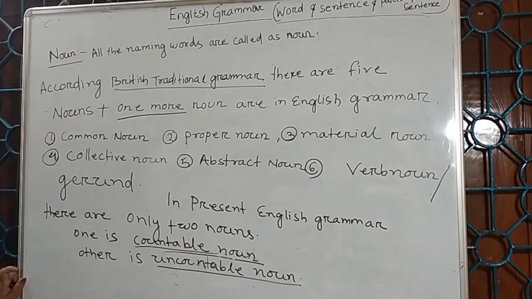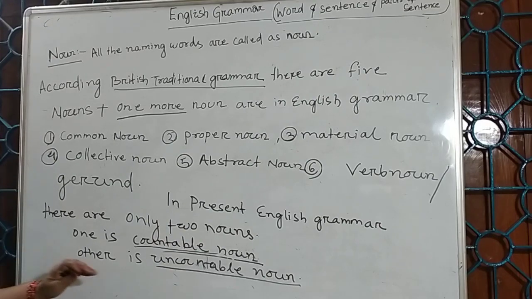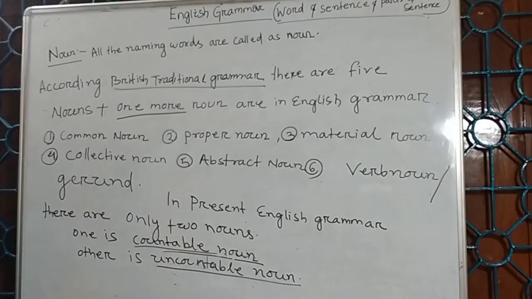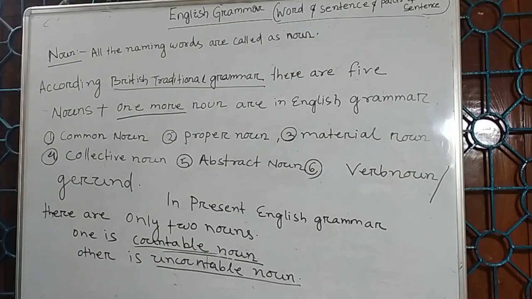Countable nouns are naming words we can count, and naming words we cannot count are called uncountable nouns.